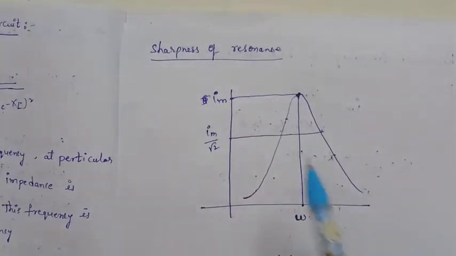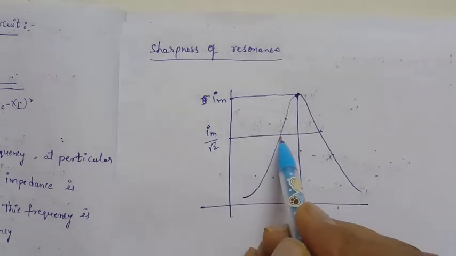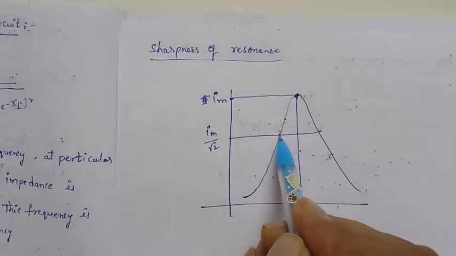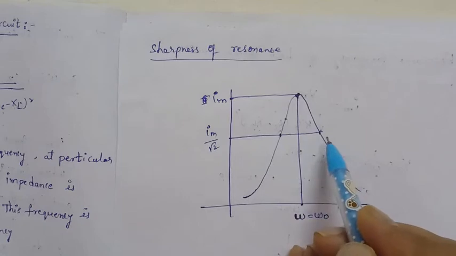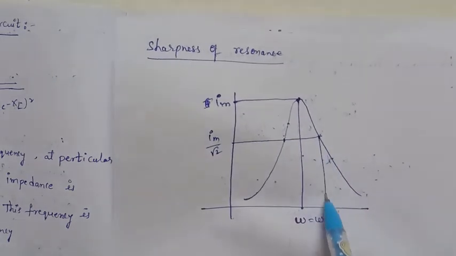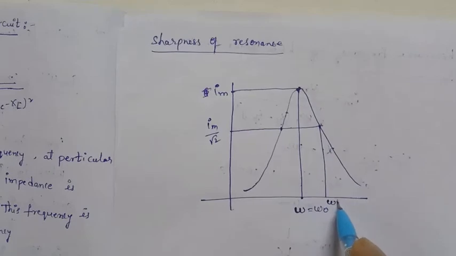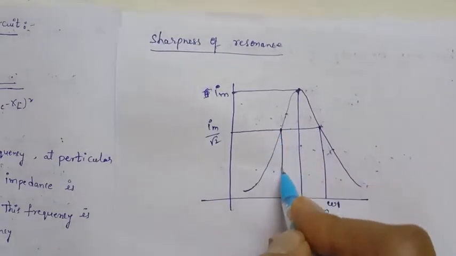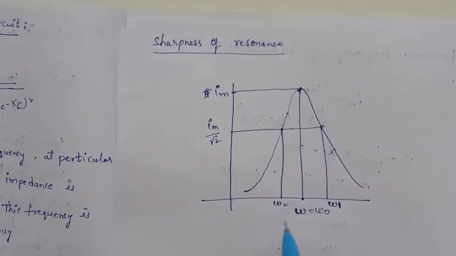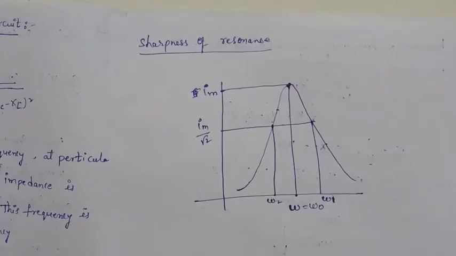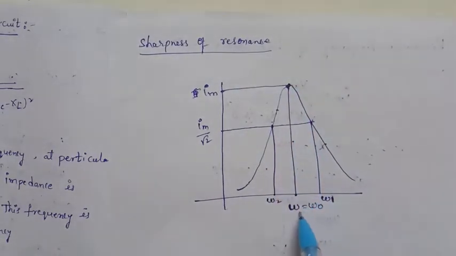What does the bandwidth mean here? At a particular value the curve is cut first here and next cut here. With respect to here, the frequency is taken as omega 1, and here the frequency is omega 2. In between, we have the resonance frequency omega naught.